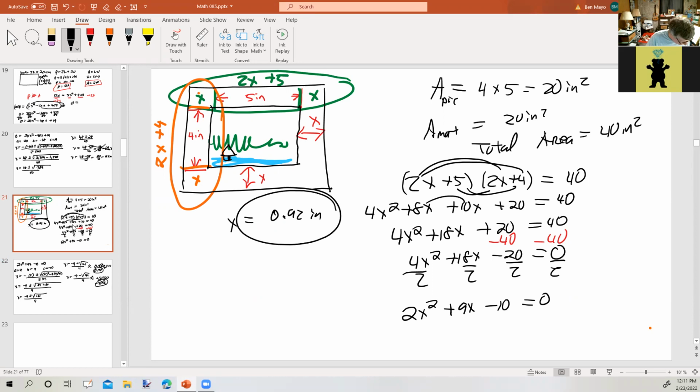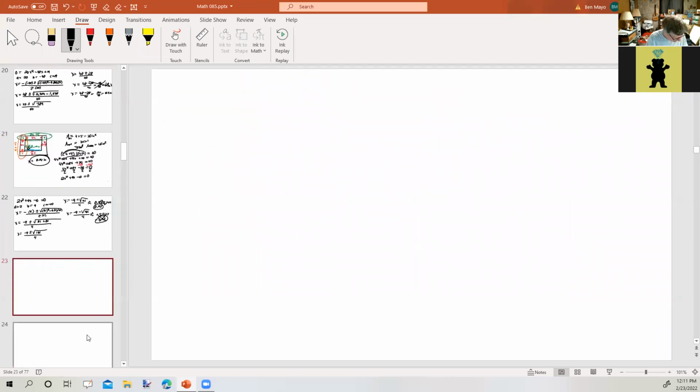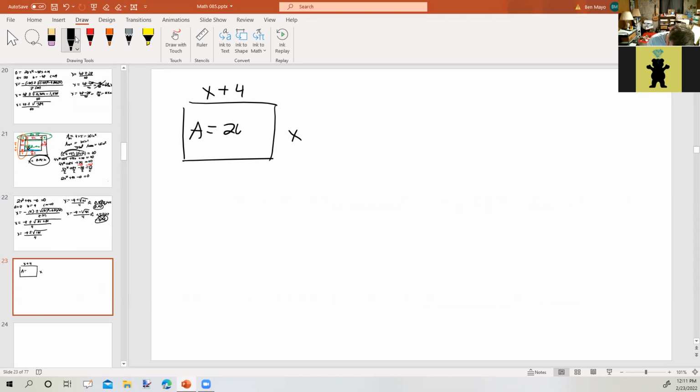Okay. Oh, we got time for another one. This says dimensions of rectangle. A rectangle is 4 feet longer than it is wide. The area is 20 square feet.